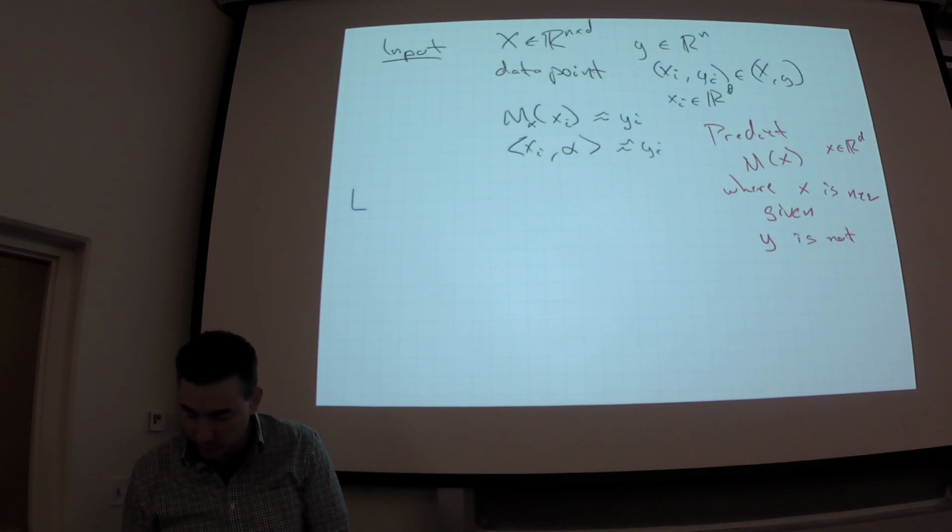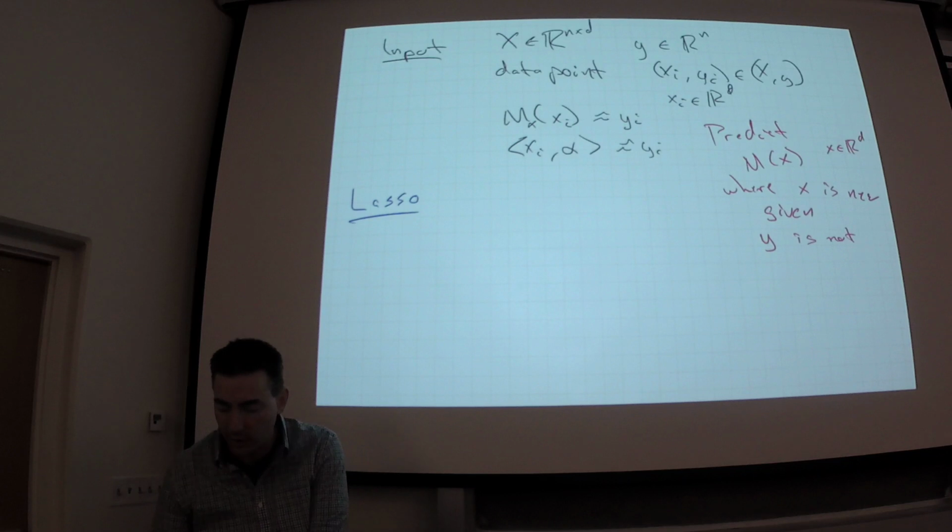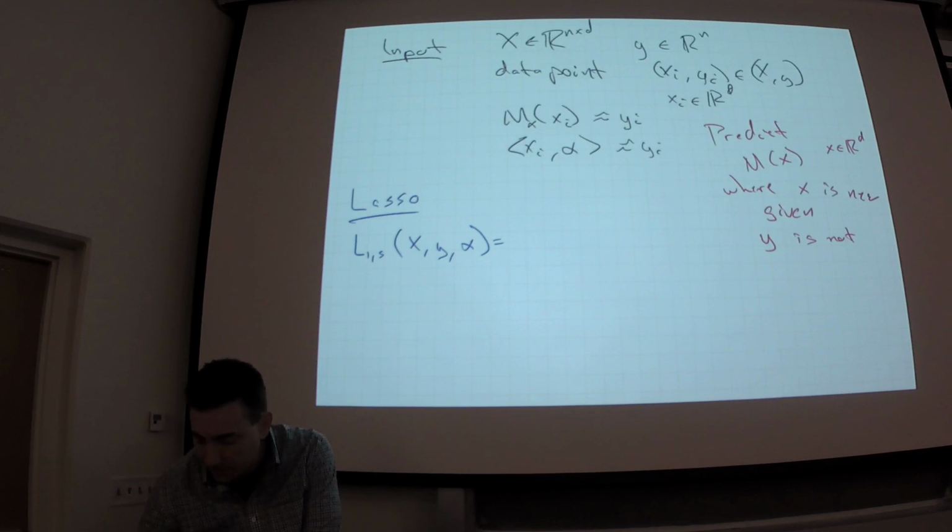Okay, and so one thing we talked about last time, the way we're trying to predict what this is, we had this L1S, so objective function, where we took in a data set X and Y, and some model, and we want to evaluate this model.